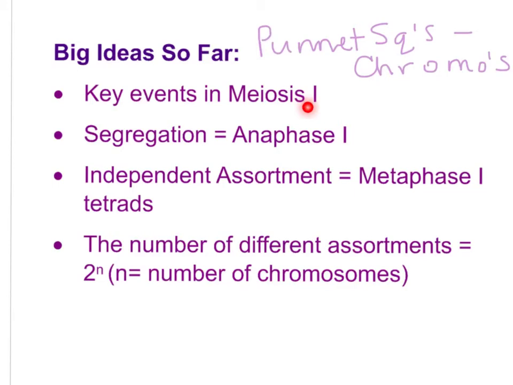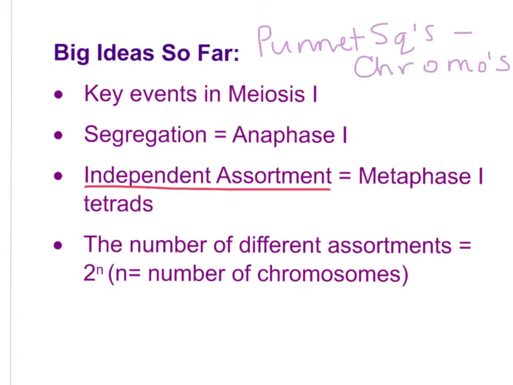That's where the big differences are between mitosis and meiosis. In metaphase 1 of meiosis, we have tetrads forming. That doesn't happen in mitosis, but in meiosis the homologous chromosomes form those tetrads together, and that's where we get independent assortment. They form independently of each other. The different traits are not dependent on each other.